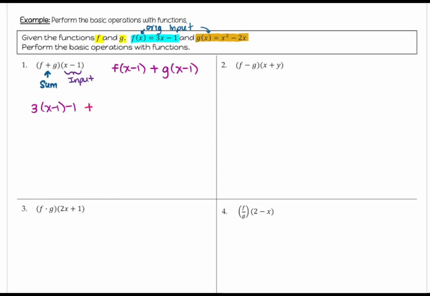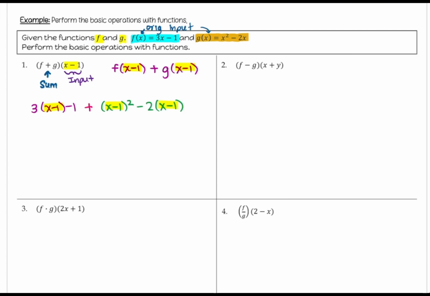So the g function is stated to be the input squared minus 2 times the input. So every place that we had the original input of x, we're replacing that with the updated input. As we know it, the new input.